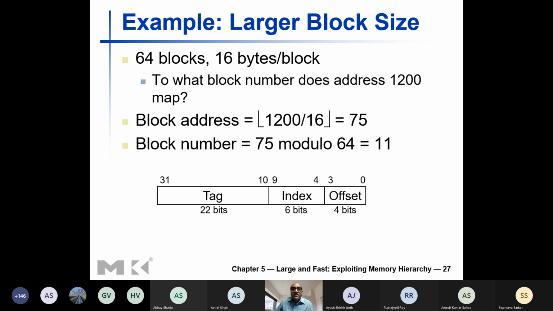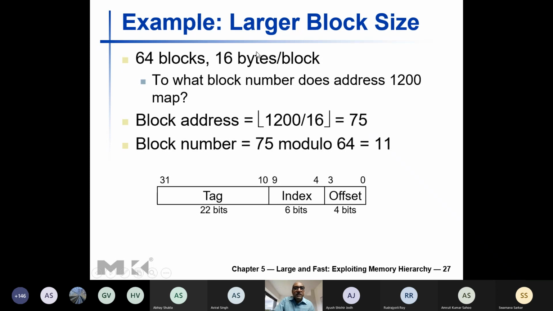When you convert the byte address to the word address, we just divide by 4, or otherwise just consider the most significant 30 bits, which indicate the word address. The same way here. Given this 1200 byte address, the corresponding block address is 75.